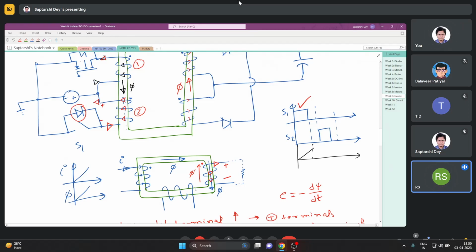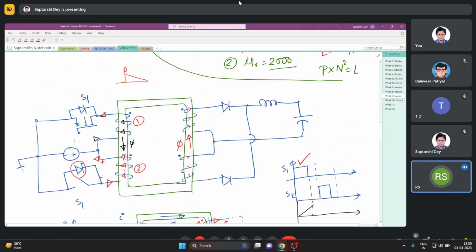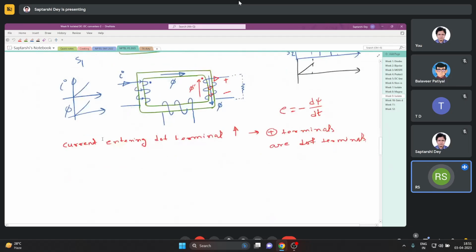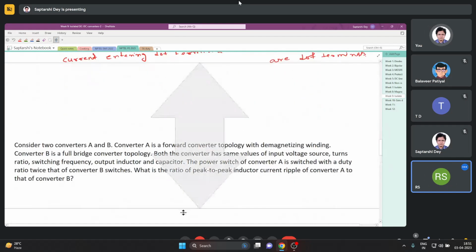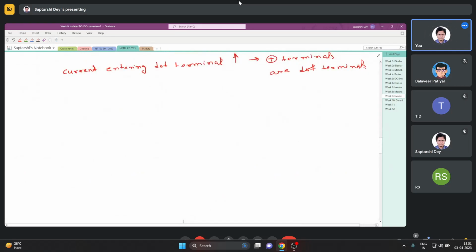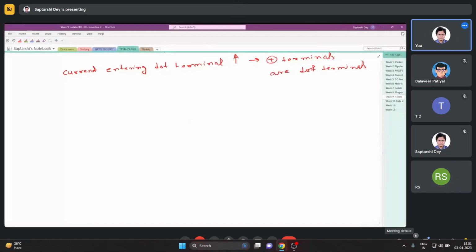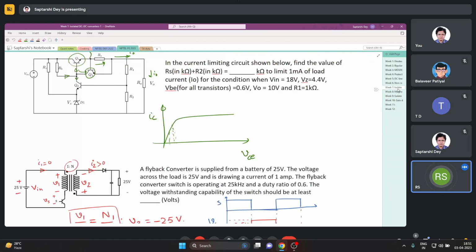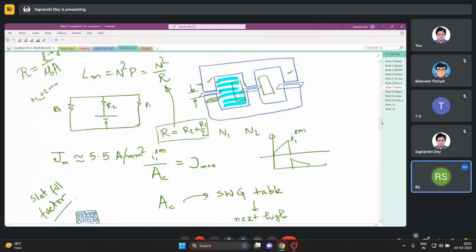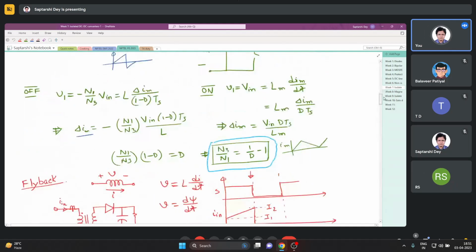Sir, if you see the flux in the forward converter and the flyback converter: in the forward converter we say we are using the core as a transformer, so the flux will come to zero after every cycle, if you have set the duty ratio and the number of turns properly. If the number of turns of the primary and the tertiary winding are the same, N3 by N1 equals 1 by D minus 1.